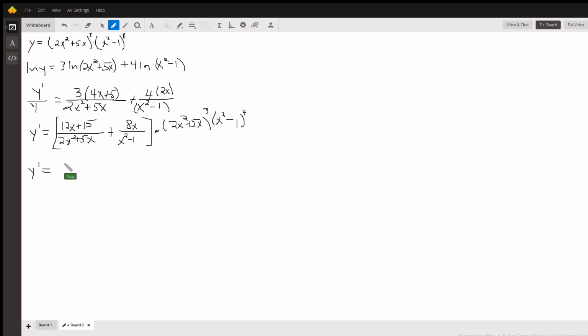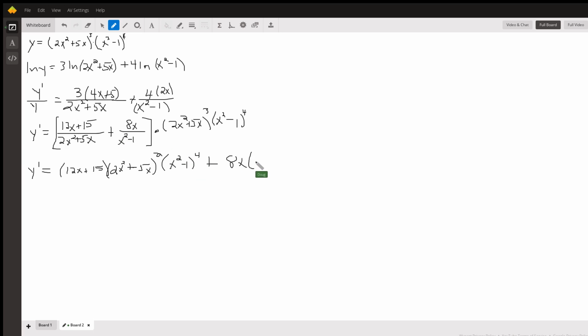So I get 12x plus 15 times 2x squared plus 5x, instead of cubed, I'll have squared because one of them canceled out, times x squared minus 1 to the 4th power, plus 8x for this term.